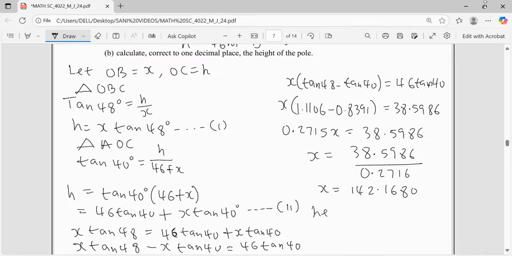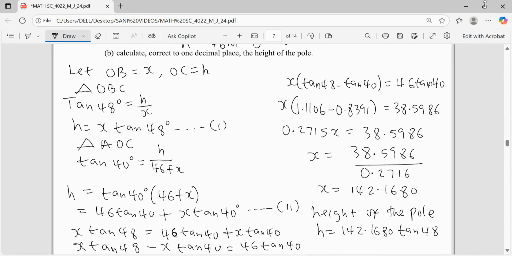Now we can find the height of the pole. To find the height of the pole, we can either use equation 1 or equation 2. So from equation 1, h equals X times tan 48 degrees. That's h equals 142.1680 times tan 48 degrees.